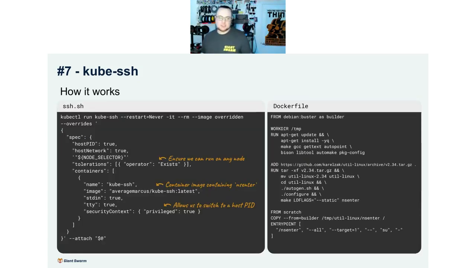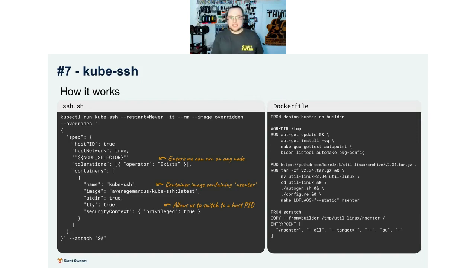So how this works, it's very similar to the KShell command that I showed you. It again does a kubecontrol run, but with a lot more stuff in it. We'll set a node selector so that we get onto the node that we're expecting. We'll set a toleration for everything so that we can also run on the control plane nodes.